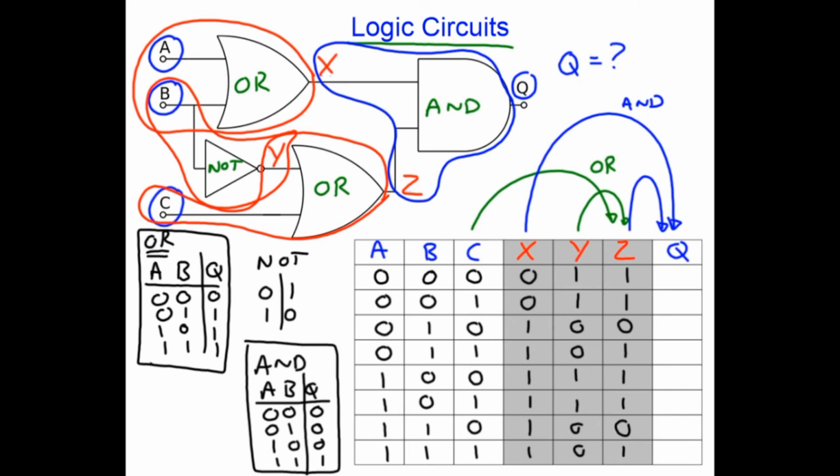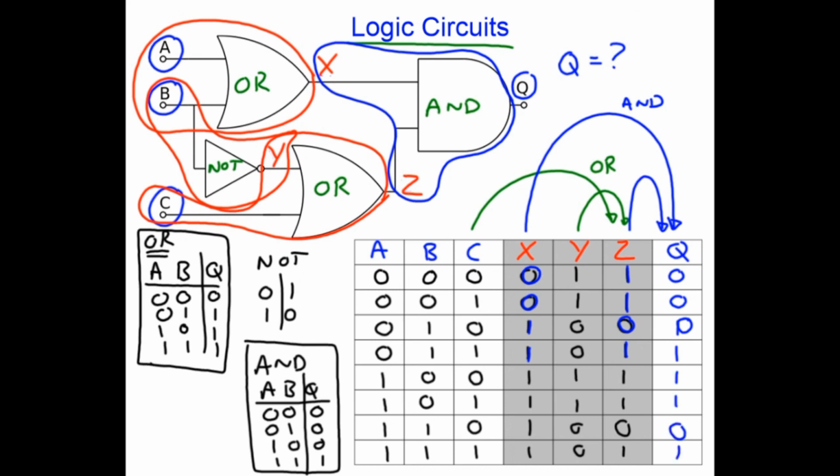So now we're going to take the final column. So 0 and 1 gives me 0, 0 and 1 gives me 0, 1 and 0 gives me 0, 1 and 1 gives me, oops, that should be a 0. 1 and 1 gives me 1, 1 and 1 gives me 1, 1 and 0 gives me 0, 1 and 1 gives me 1.